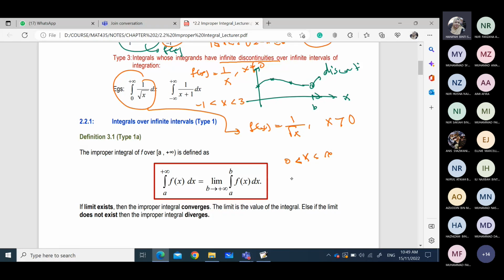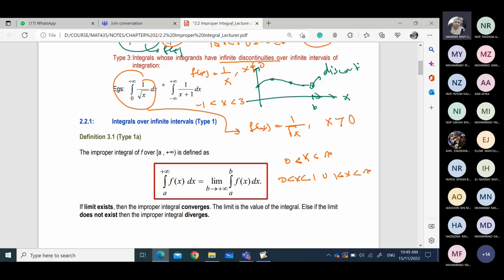Which is the values of x from 0, and we need to take any number. Okay, let's say we take 1, union with x greater than 1 and goes to infinity. Macam tu. Alright, ini masuk type 3 lah. Dia ada discontinuous and juga that end, it also has infinity. Okay.